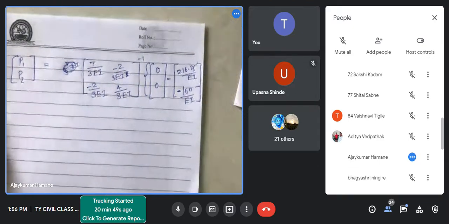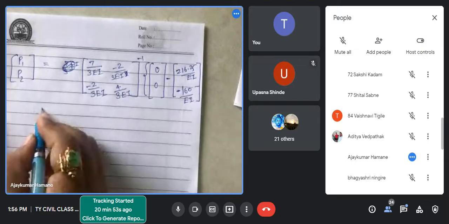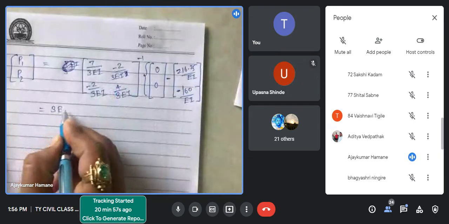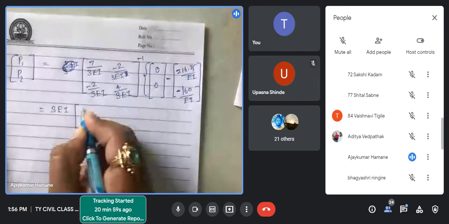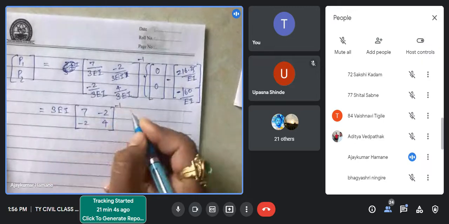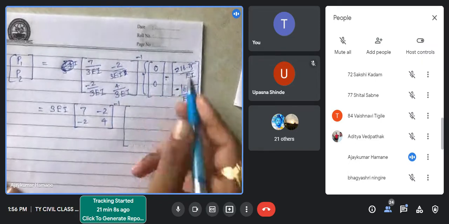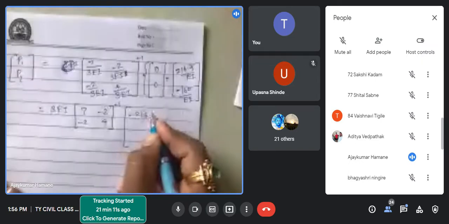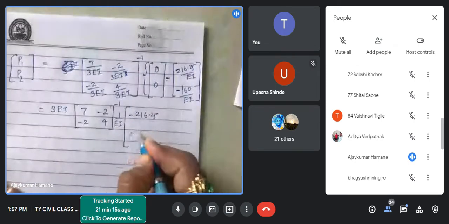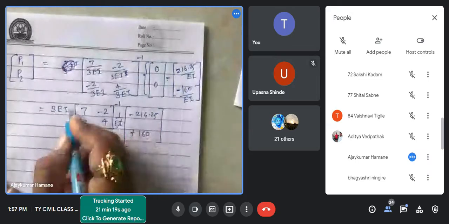So the inverse of 1 divided by 3EI, times the matrix 7, minus 2, minus 2, 4, the inverse of this matrix, and here we have this matrix: minus, minus becomes minus 216.25, 1 divided by EI is common, and minus 160 becomes plus 160, correct.